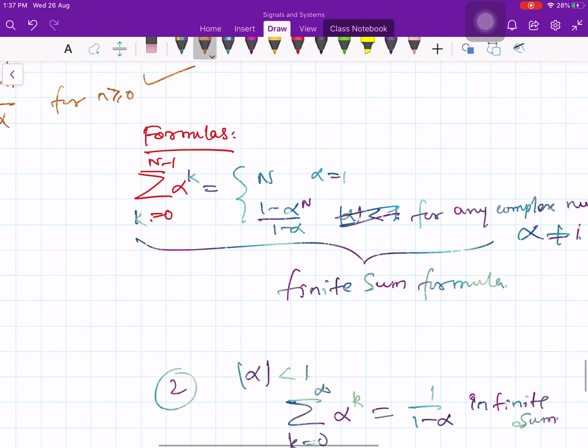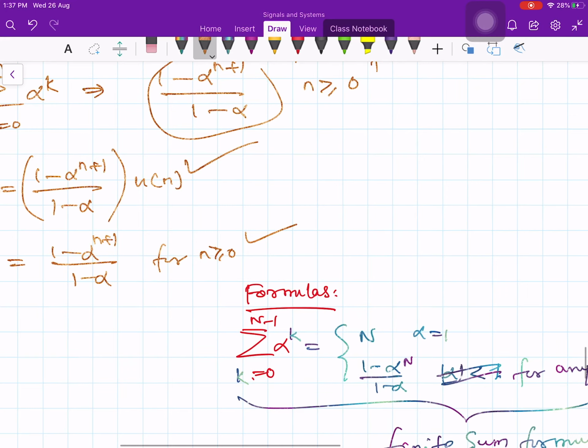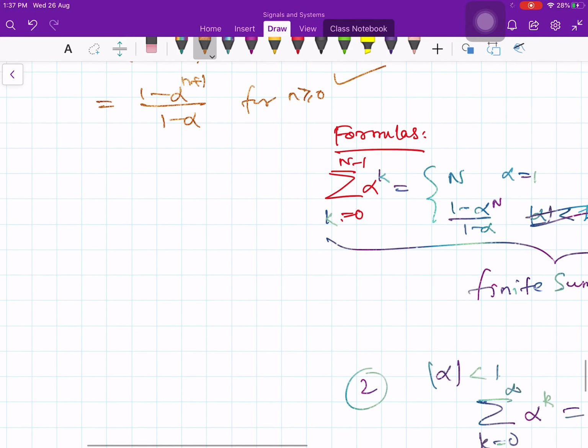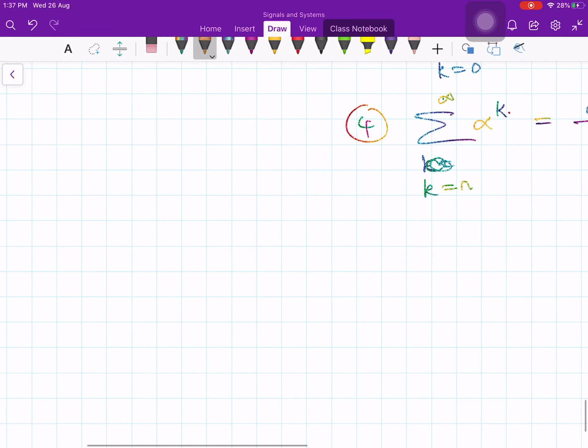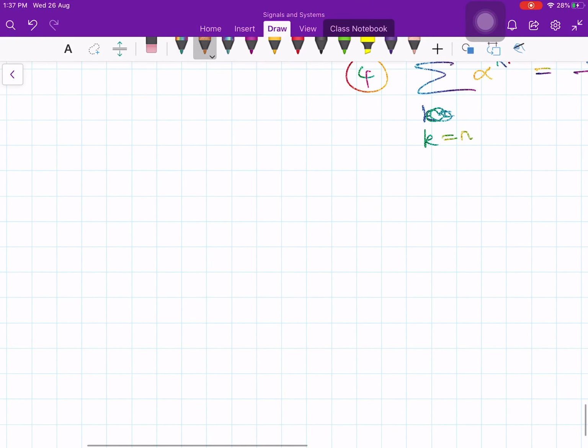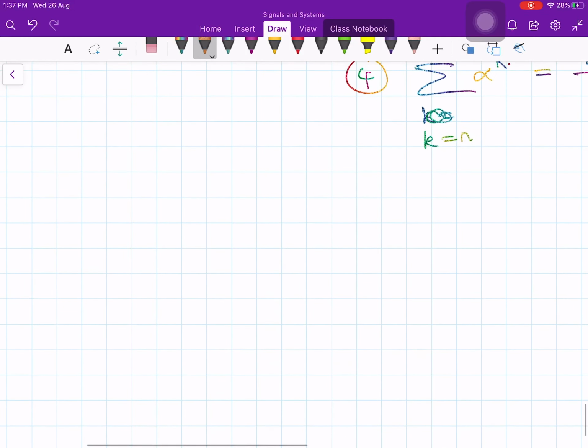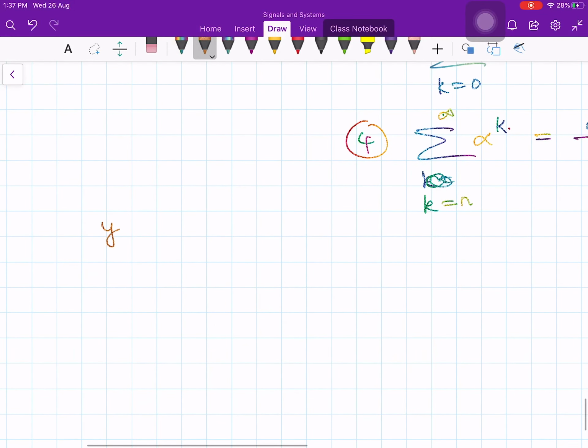Now our final result is going to be y of n equal to 1 minus alpha to the n plus 1 divided by 1 minus alpha multiplied by u of n, right?